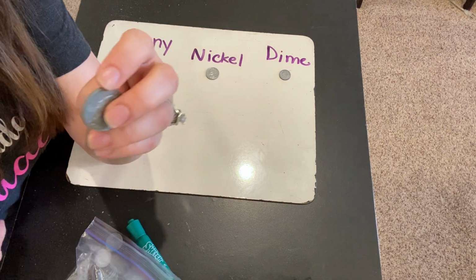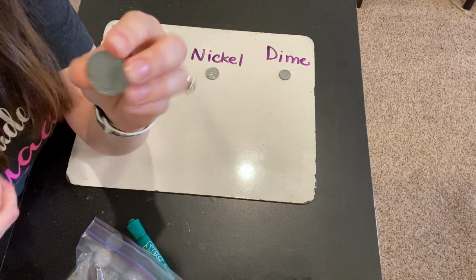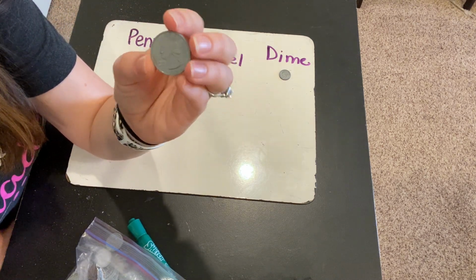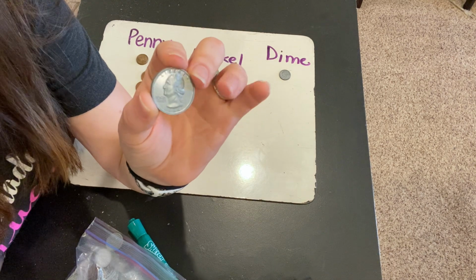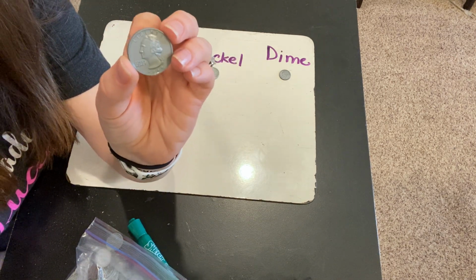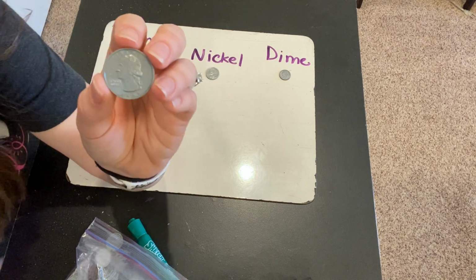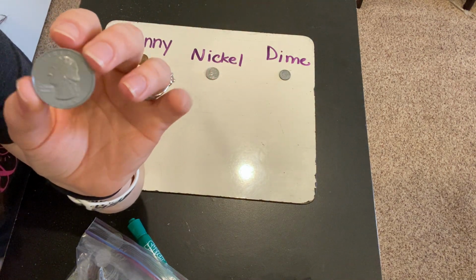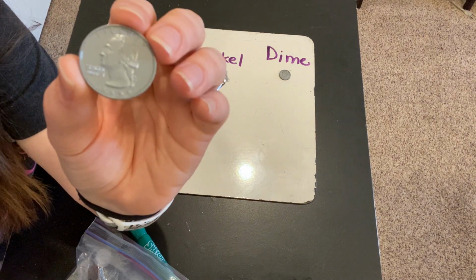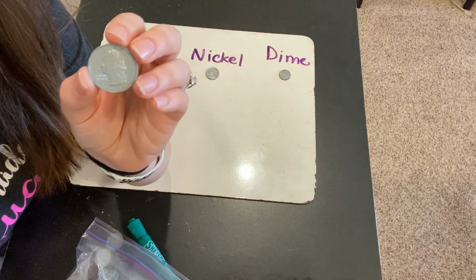It is the largest coin that we're going to learn about. There's actually a larger one called the half dollar, but we don't learn about the half dollar. This is the largest one, though, in kindergarten that we'll talk about. It is the quarter, and it's worth the most also. On the quarter, on the head side, is a picture of George Washington, our first president.